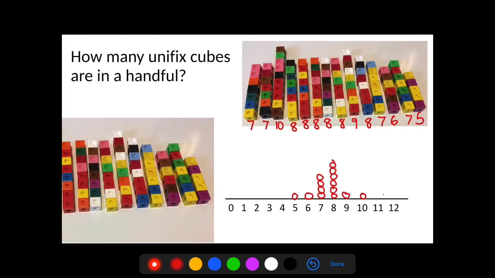In the end, I had 14 total handfuls. Let's clean this data up just a little bit.